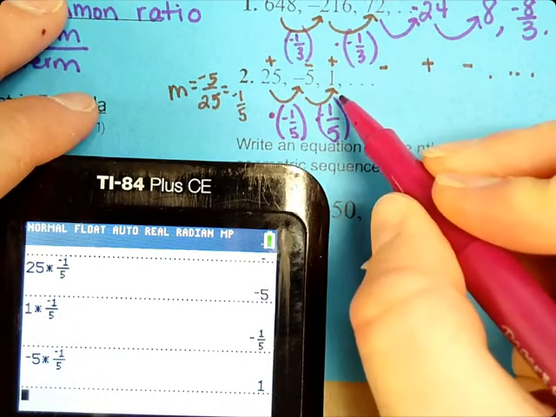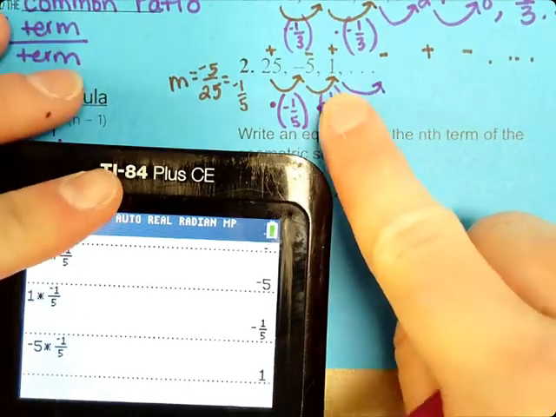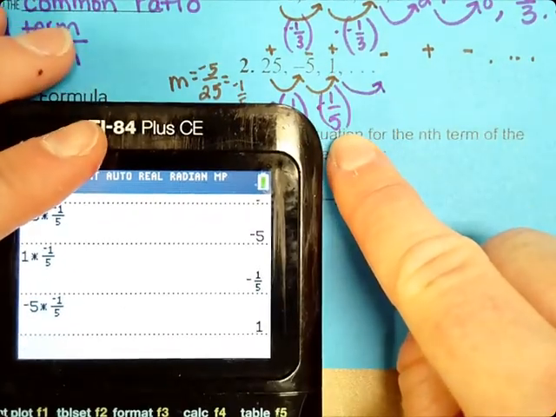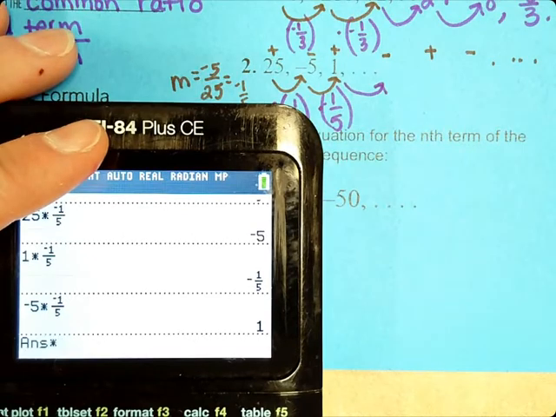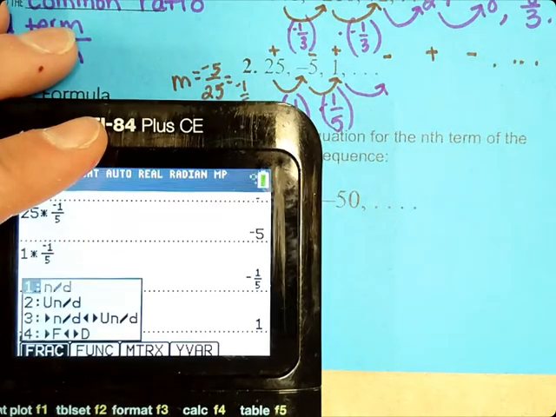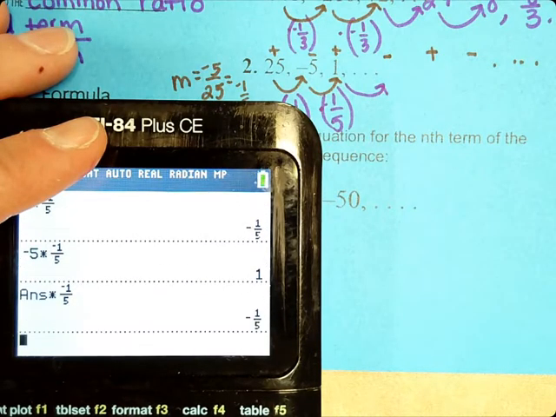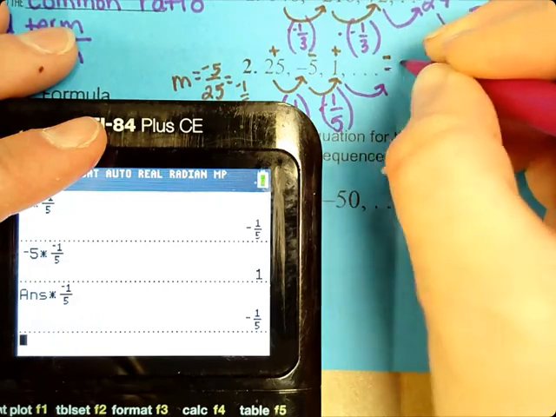So then we're going to keep on following that same pattern. So multiply the next term, 1, times a negative 1/5. So I'm going to just put times because 1 is my next term, and then do negative 1/5, which gives us negative 1/5.